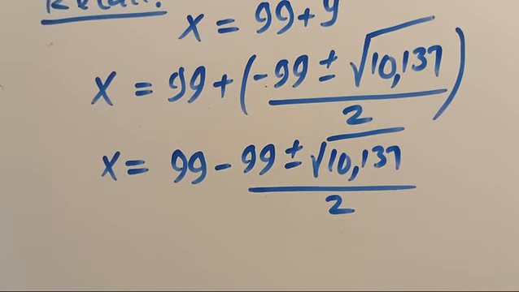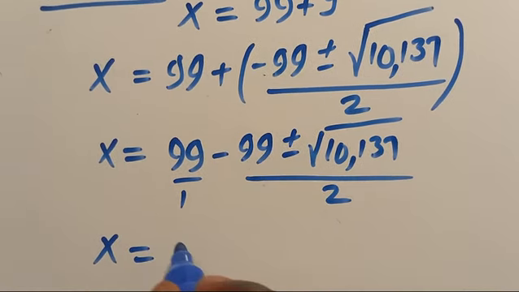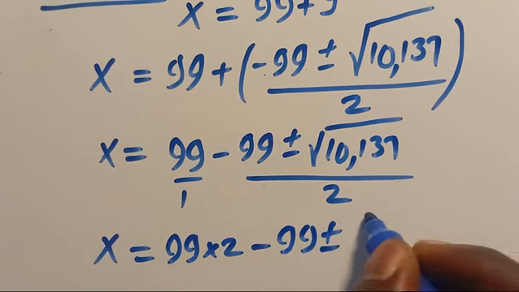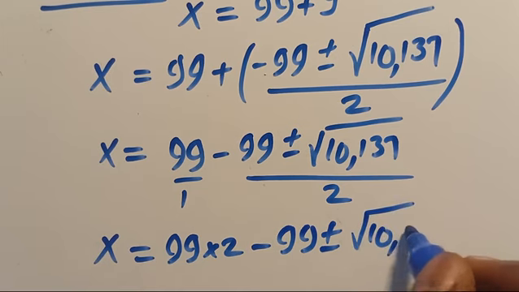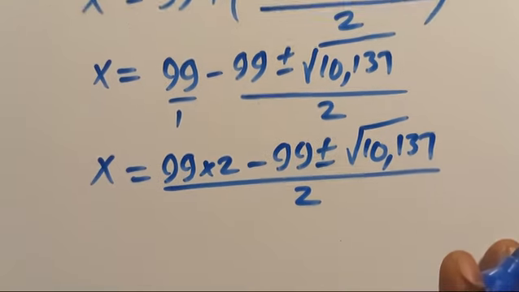Then let's find the LCM. This one divided by 1, so hence will be equals 99 times 2 minus 99, positive or negative square root of 10,137, all divided by 2.